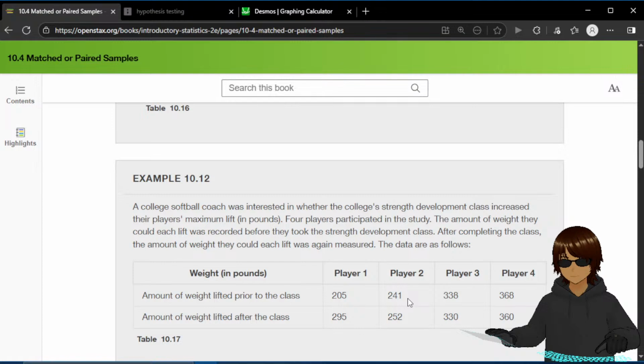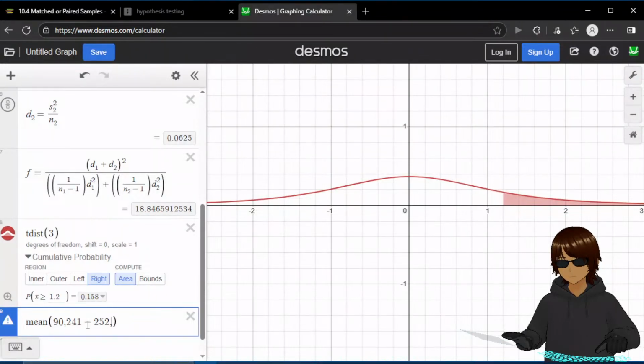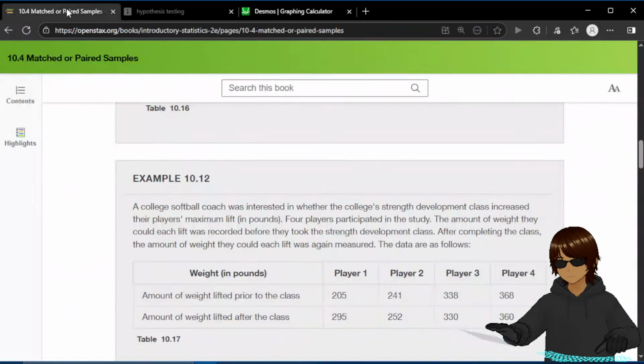Wait, hold on. Which one is minus which? This is supposed to be the bigger one, right? So 295 minus 205 is 90. 252 minus 241, is it 9? Yeah, who cares? And then I think this is minus 8. 330 minus this, minus 8. 360 minus this is minus 8 again.